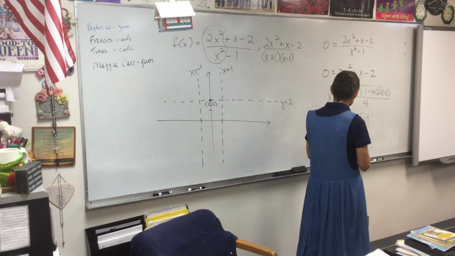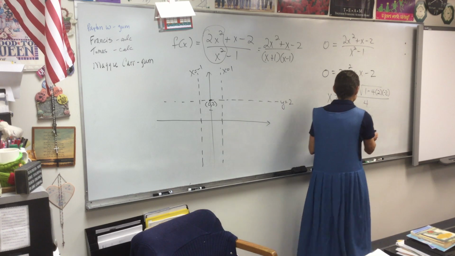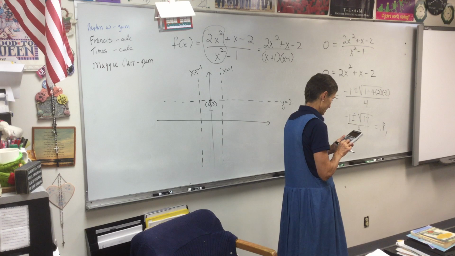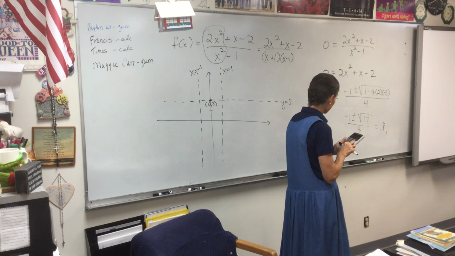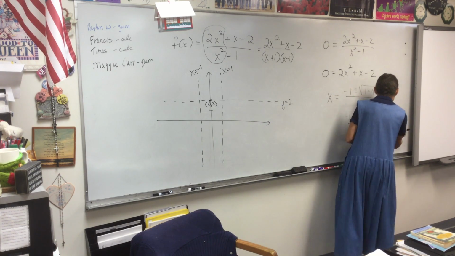I did that wrong. Maybe I should have just done it right here. Okay, so I got about 0.8 for one of them, and about negative 1.3 for the other one.